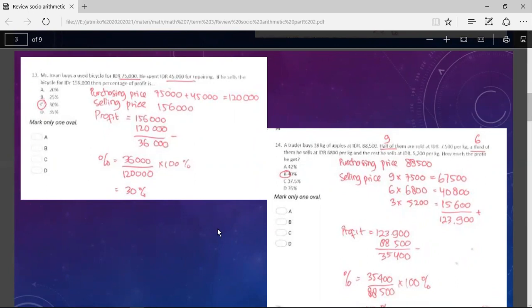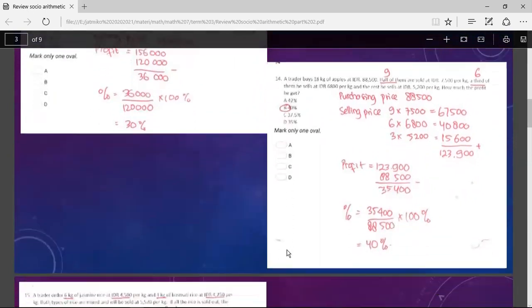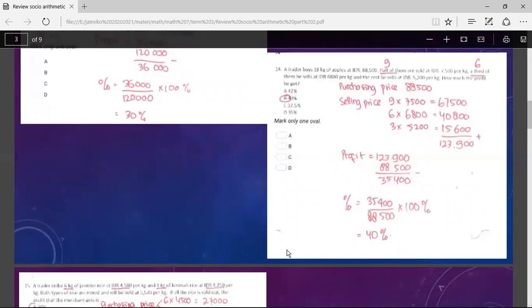Next, for number 4. Here, a trader buys 18 kilograms of apples for 88,500. I think that is the purchasing price. And then they have several ways to sell.